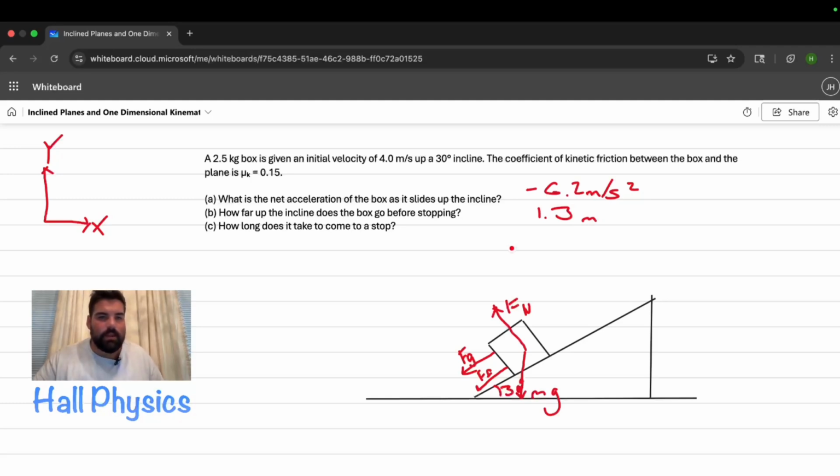How long does it take to come to a stop? All right, for this problem, we are going to use the formula final velocity is equal to initial velocity plus acceleration times time.